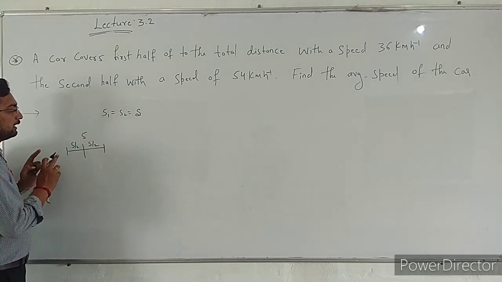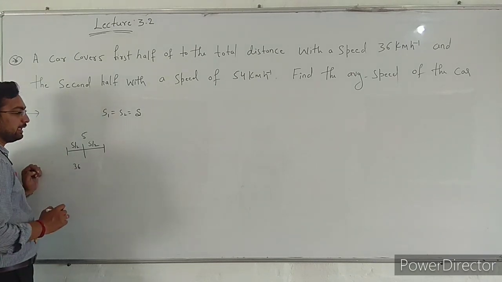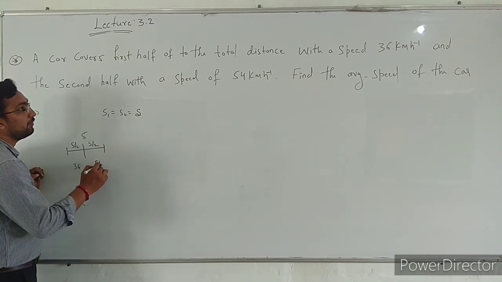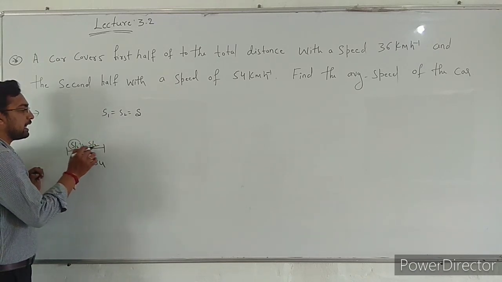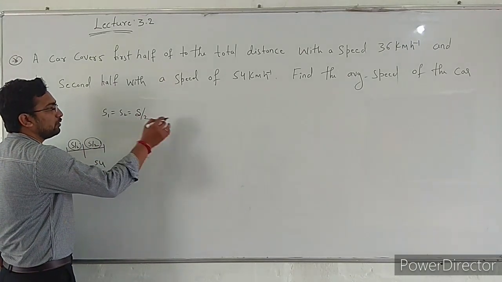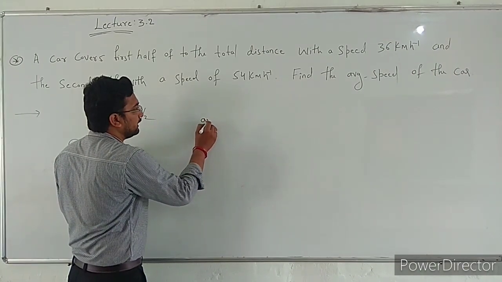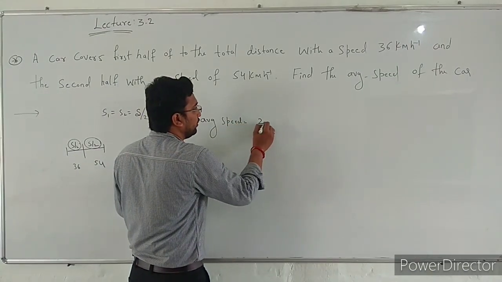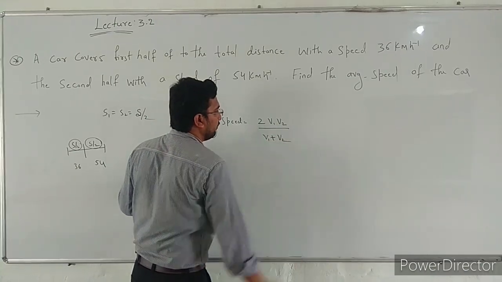So the car covers the first half distance with a speed of 36 km per hour and the second half with a speed of 54 km per hour. The distances are the same, S1 and S2 equal to S by 2. So the formula to calculate the average speed is 2 into V1 into V2 divided by V1 plus V2.